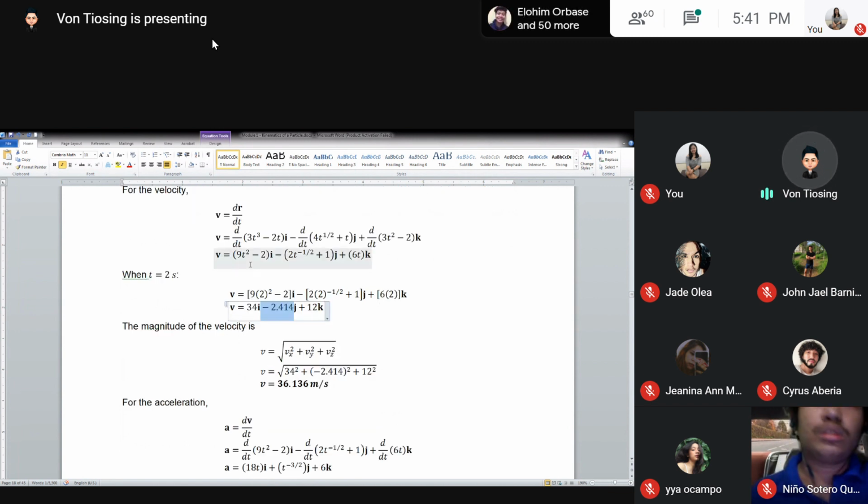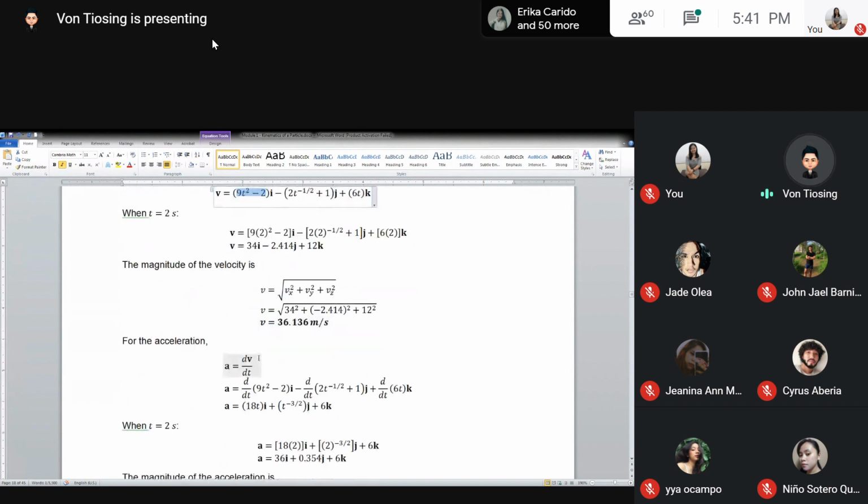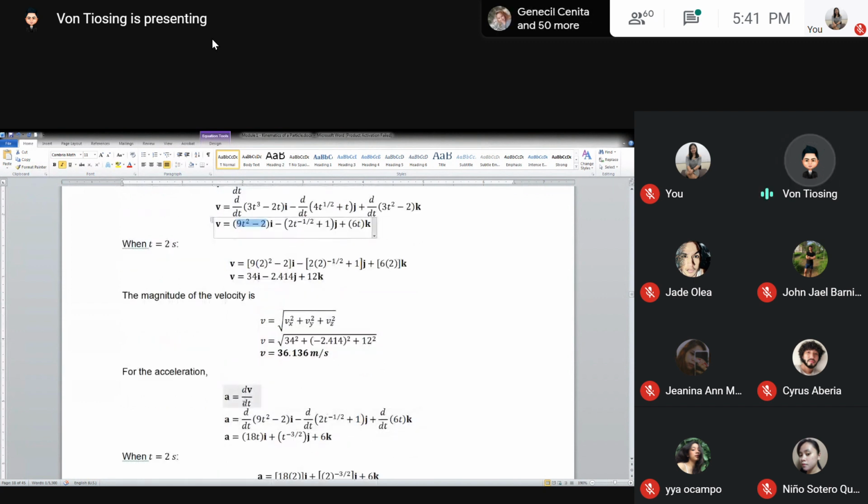Okay? So ang gagawin nyo dito guys, wag nyo munang isa-substitute yung, actually pwede mo nang i-substitute kaagad yan dito, yung t equals 2 seconds. Pero dahil kailangan mo pa ng acceleration, wag mo munang isa-substitute dahil kailangan mo ng in terms ng t dito. Okay, so again, you're going to differentiate everything here.